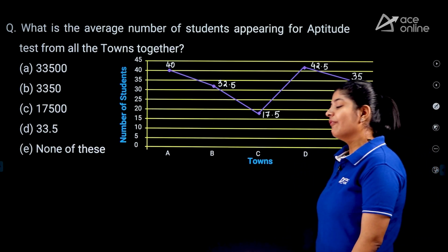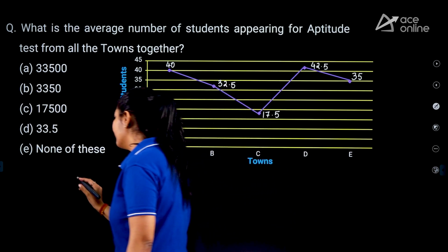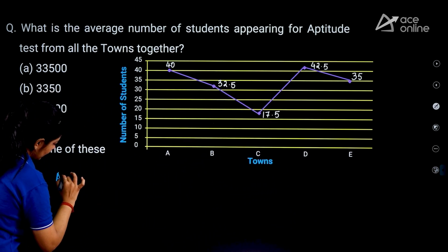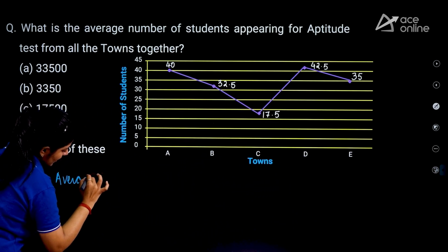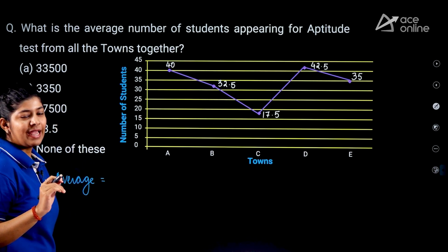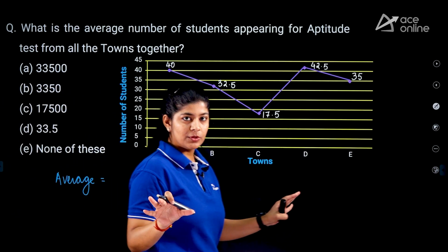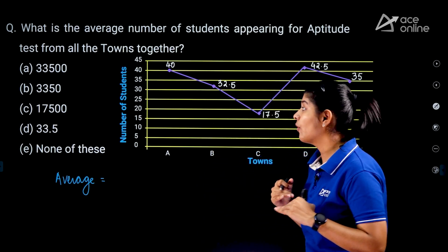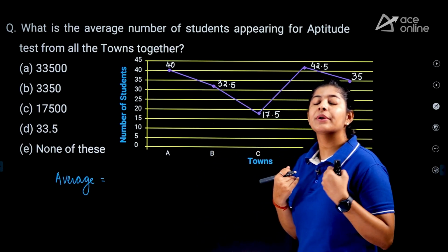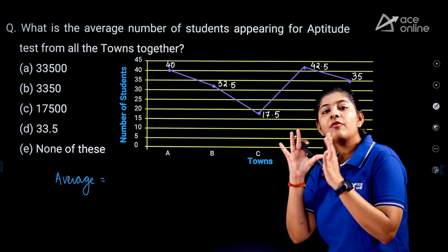Now we know that whenever I need to find out the average, the average is nothing but the sum of all the observations divided by the number of observations. So first I am just going to write down the sum of all the observations.